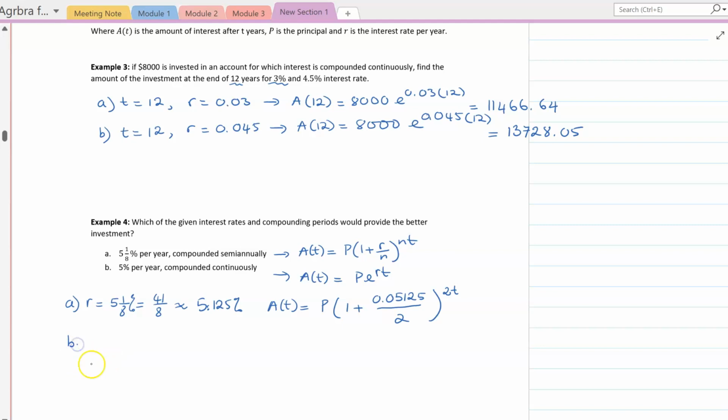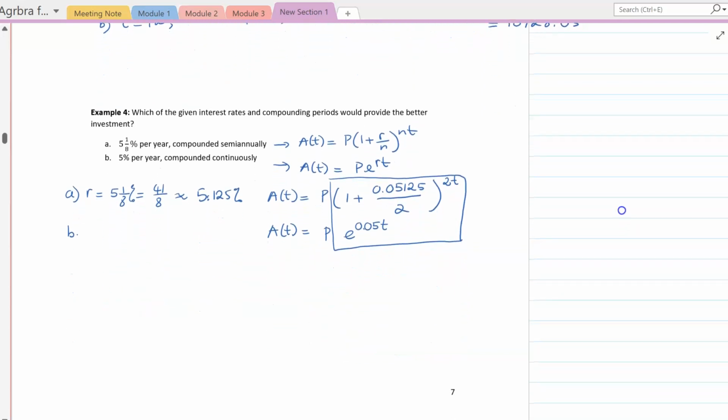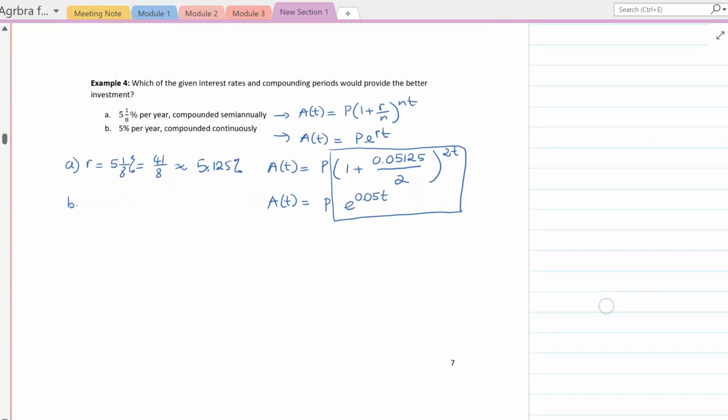In part B, 5% per year compounded continuously. So A of t is equal to p times e to the 0.05 times t. What we want to compare is these two values, whether one is larger or smaller. So let's make a table and compare this.